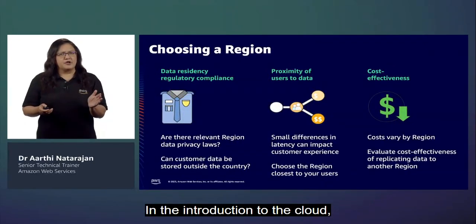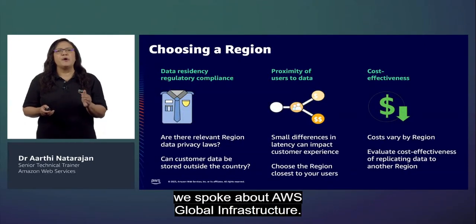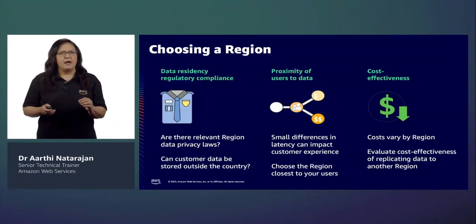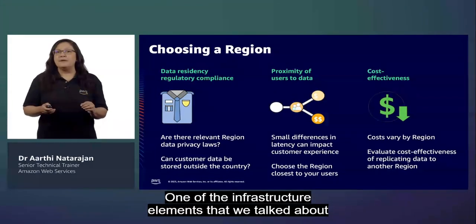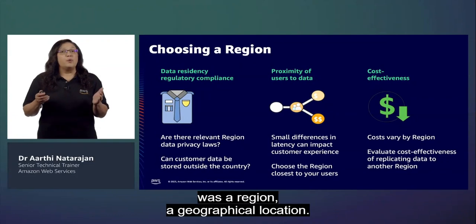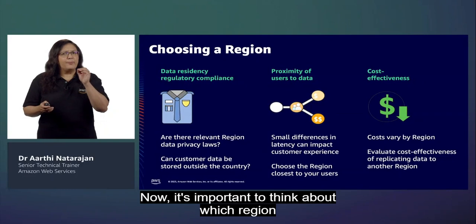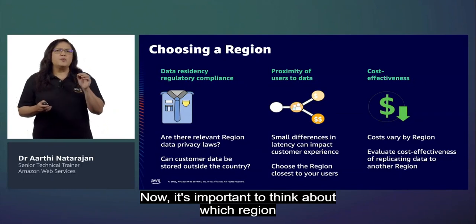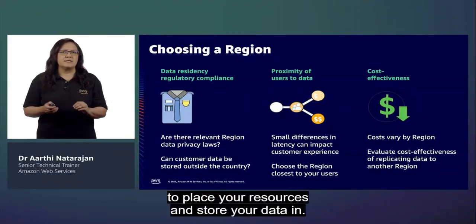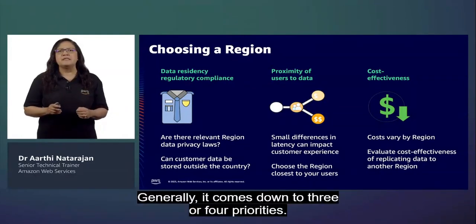In the introduction to the cloud, we spoke about AWS Global Infrastructure. One of the infrastructure elements that we talked about was a region, a geographical location. Now, it's important to think about which region to place your resources and store your data in. Generally, it comes down to 3 or 4 priorities.